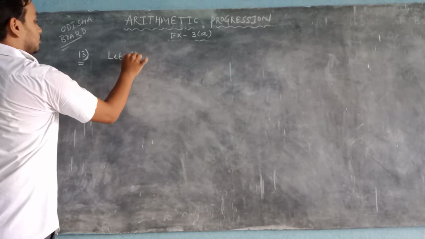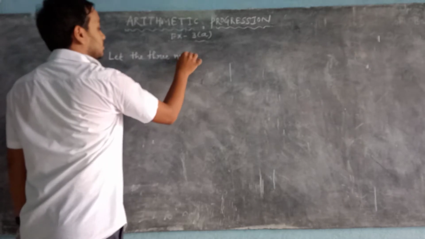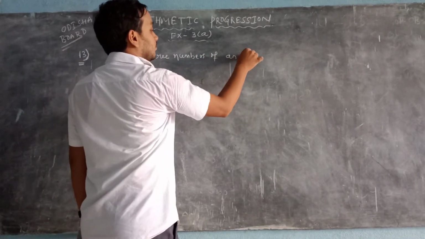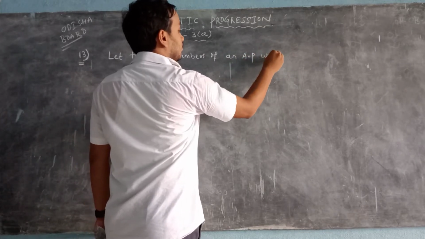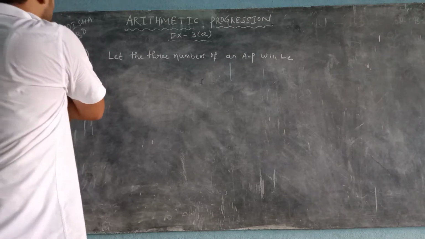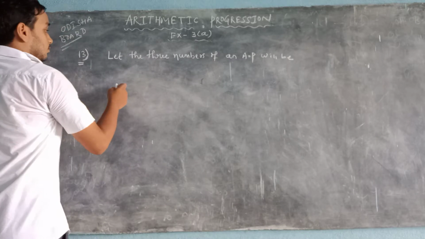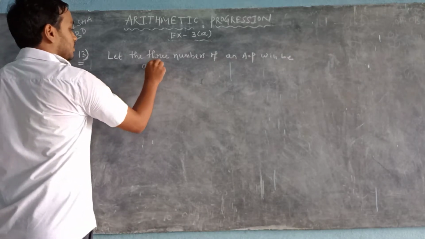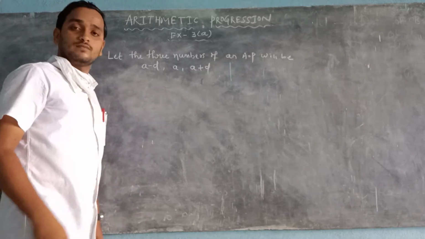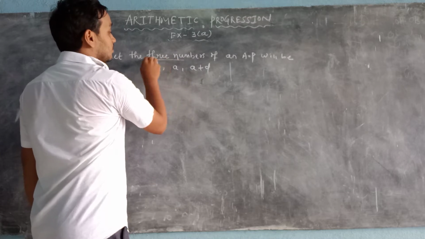What are the three numbers? Let the three numbers of an AP be A minus D, A, A plus D. This is the series of three numbers.